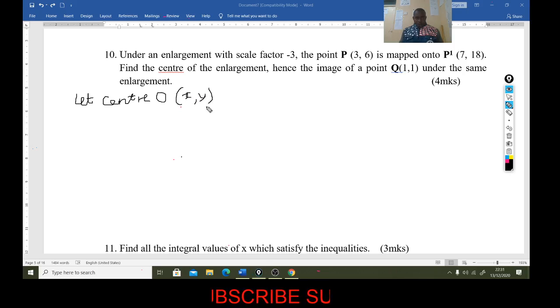If I let the center O be (x, y), then you need to know that from the center to the image vector equals the scale factor times the center to the object vector.